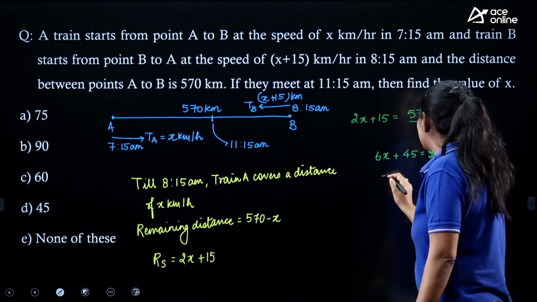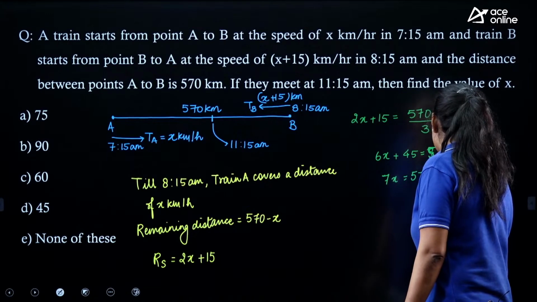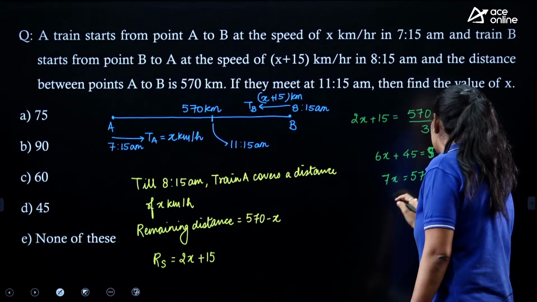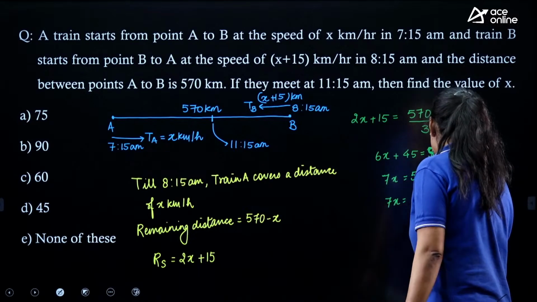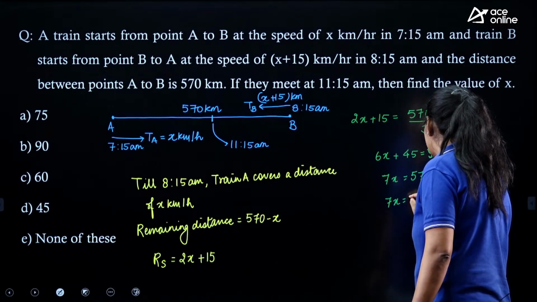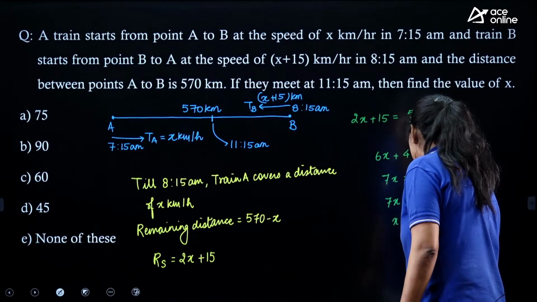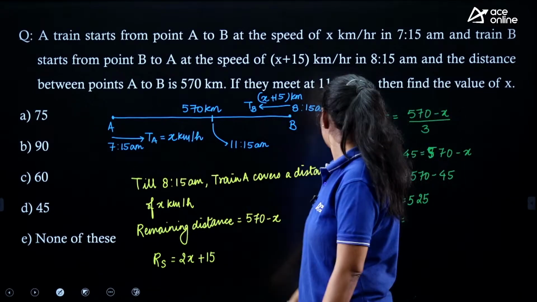So here we are getting 7x equals 570 minus 45. So 7x equals 525. So the value of x that we are getting is 75.